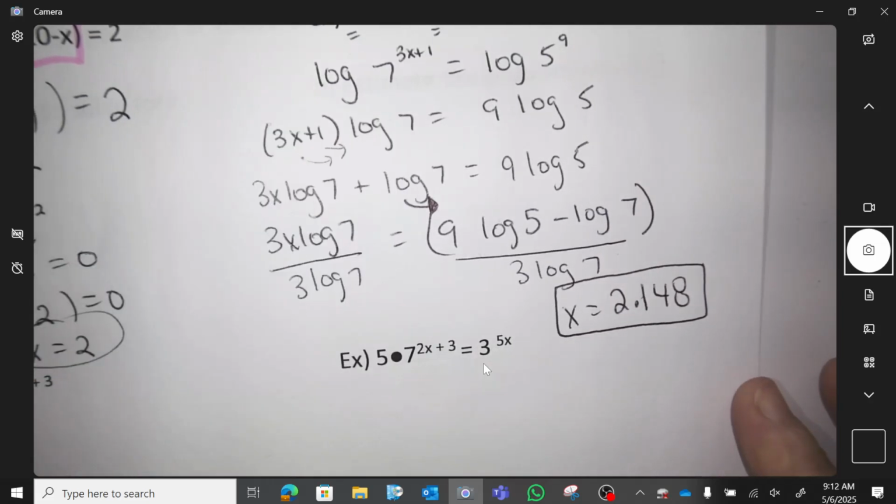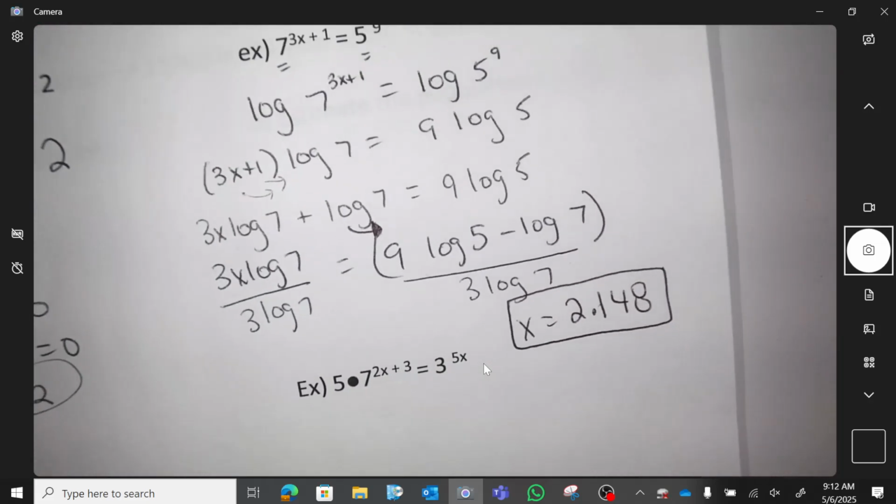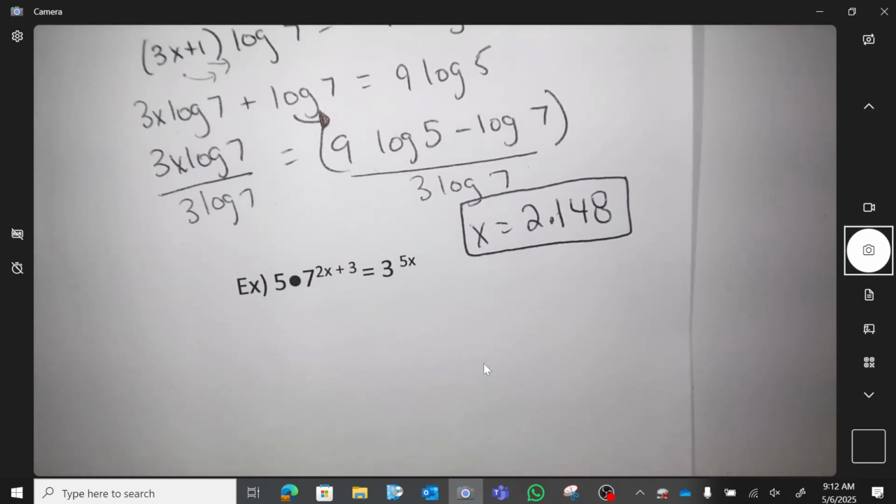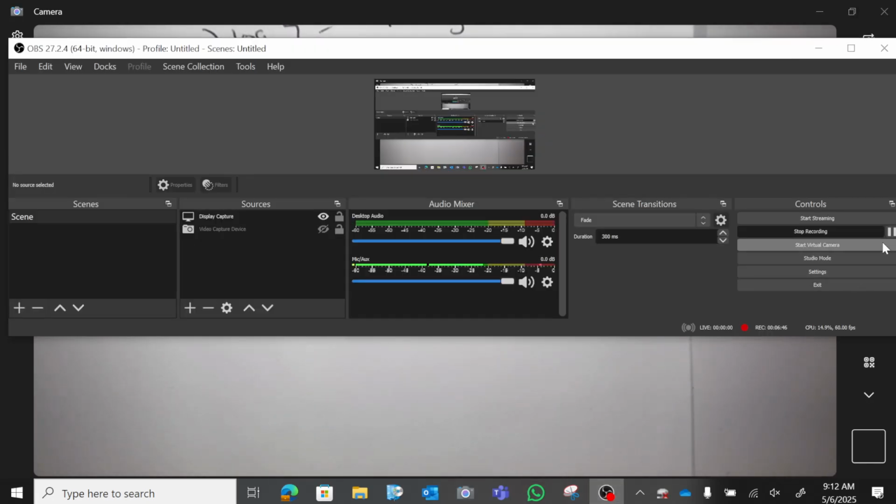Your answer has to be to three decimal places. Let's see who can get it and who can't. It's tricky to type.